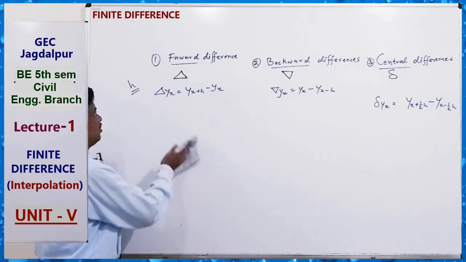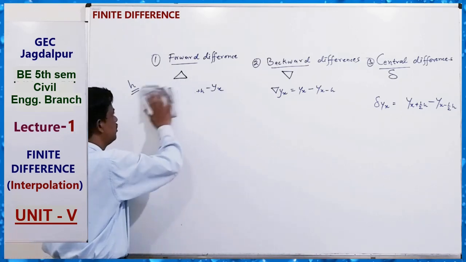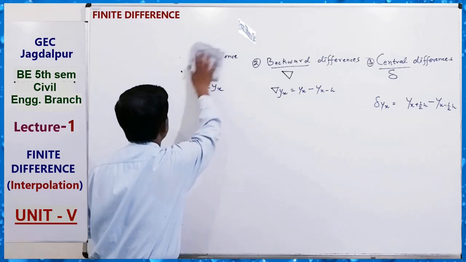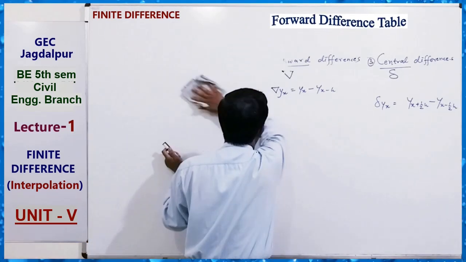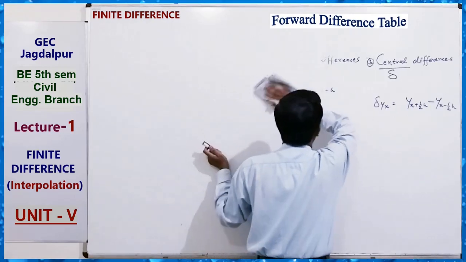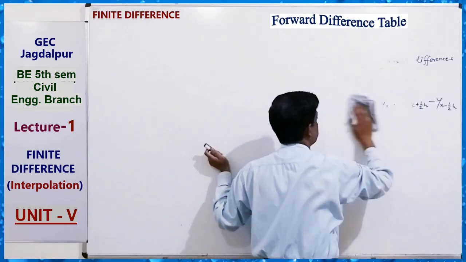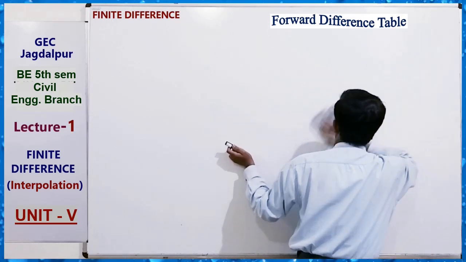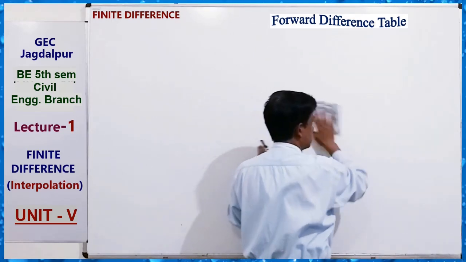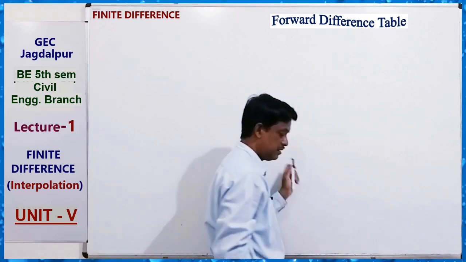So how can we make the table? Just understand the process of making the table and how we can find a particular difference from the table. Clear?